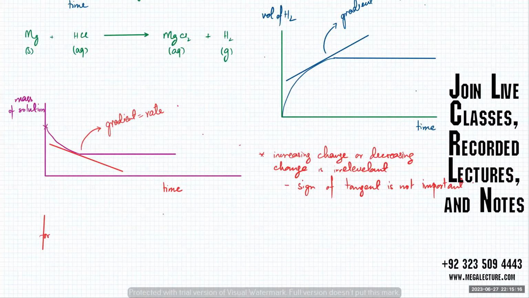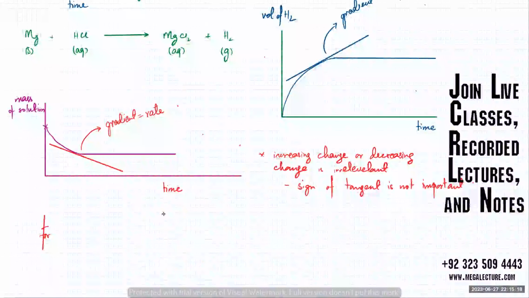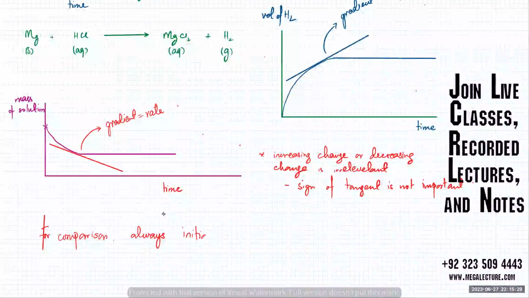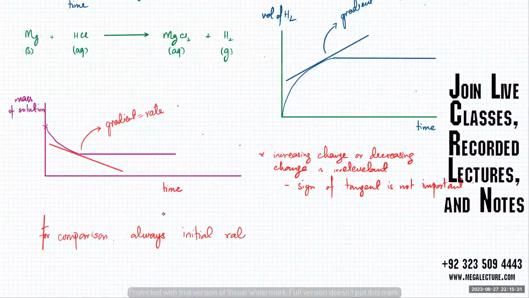So whenever you're trying to compare, you always compare the initial rate. The initial rate is basically the rate right at the first moment.